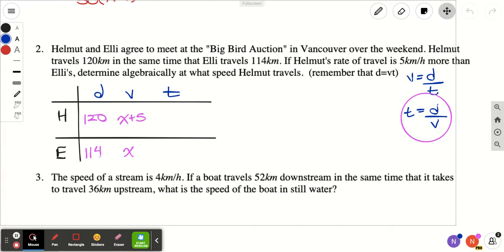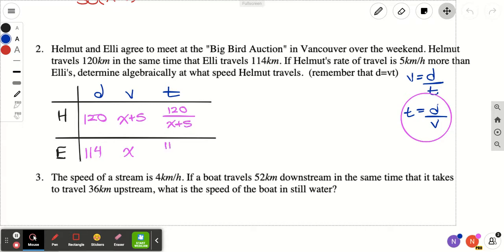The last thing we know is they travel for the same amount of time. So that means whatever the time is, it's the same for both of them. Now this is where that formula comes in handy. If time is equal to distance over speed, we can set up a ratio for each of Helmut and Ellie. 120, our distance, over x plus 5, our speed.